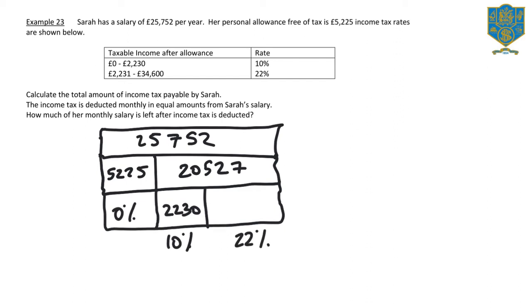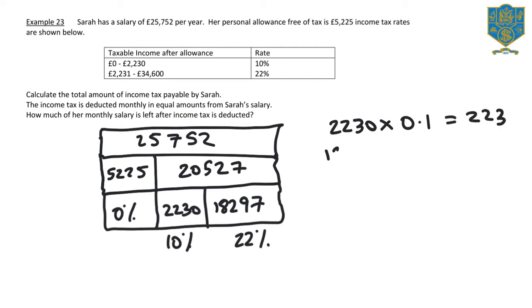So what we need to do to figure out the amount that goes into the 22% is subtract 2,230 from 20,527, which is 18,297. So her tax amount is going to be 2,230 multiplied by 10%, which is 0.1, which is £223.